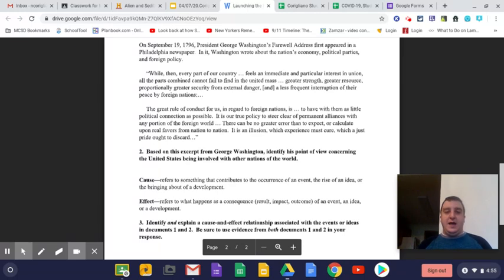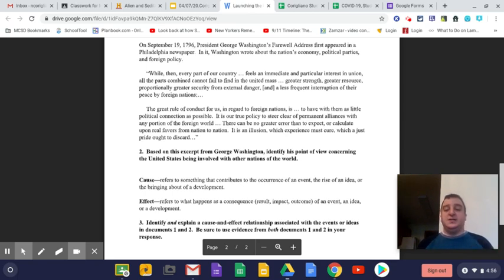So it is very obvious that Washington is giving the United States a suggestion that they should not align themselves politically or really try to create alliances with foreign nations, with nations of the world, especially Europe, because Europe has been involved in many wars over the centuries. And in his view, it's kind of what Europe does.